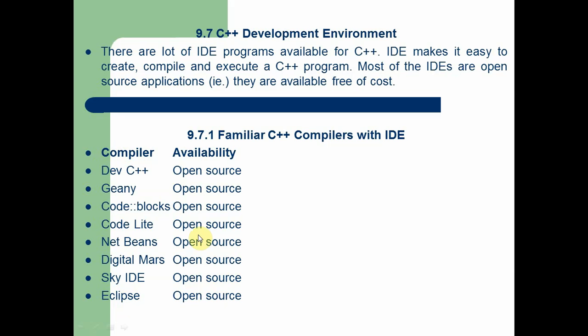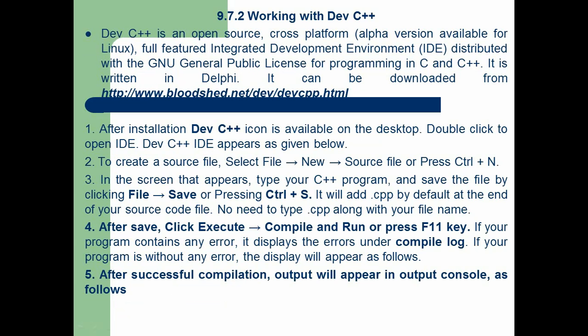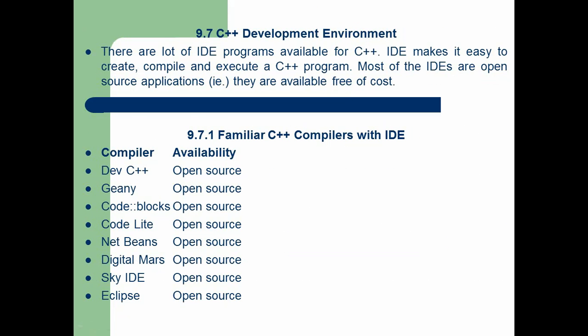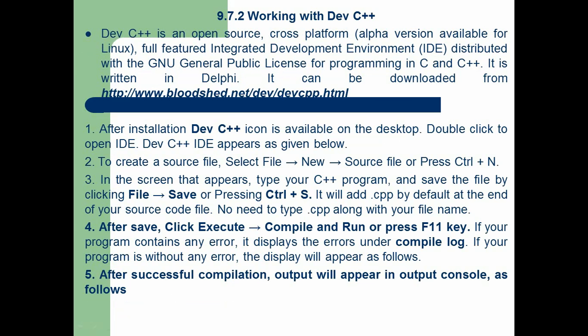In our syllabus we are using the Dev C++ compiler. This is the famous compiler software for C++. We can download this open source IDE software from this blog, or we can simply search for Dev C++ software on the internet, and download according to our operating system.